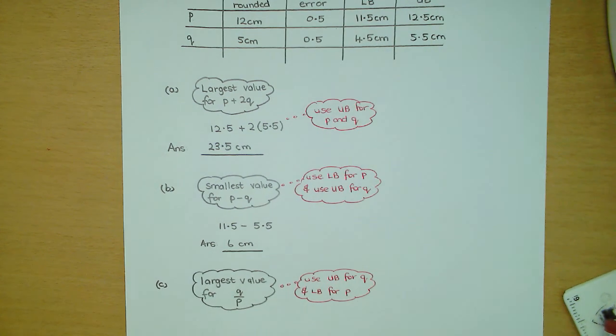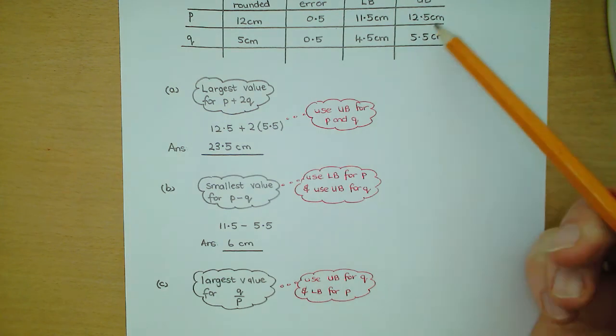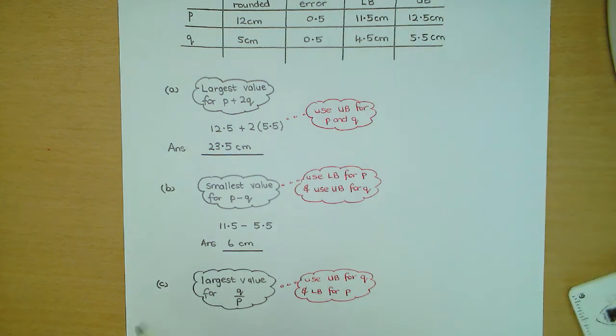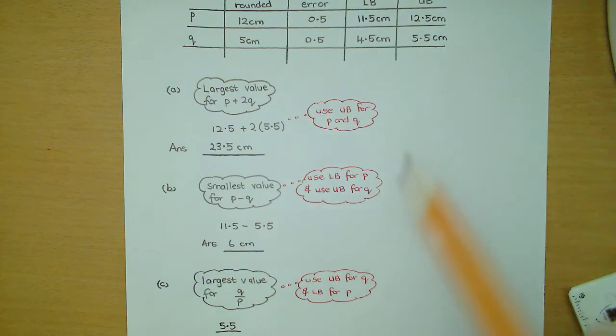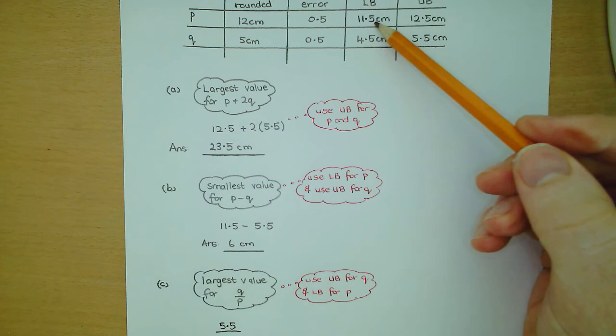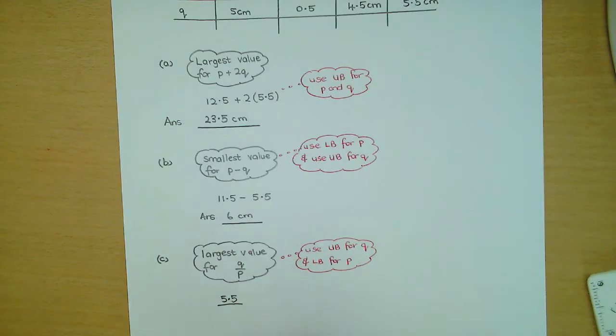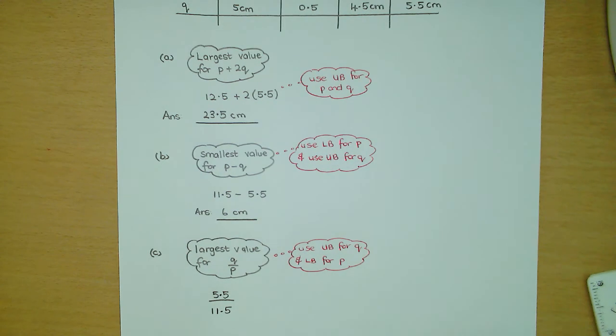Okay, so let's do that. So if we go back to our table, upper bound for Q is 5.5. And we're dividing that by the lower bound for P, which is 11.5. So we've got 5.5 over 11.5. Now we'll type it into our calculator using our fraction button.